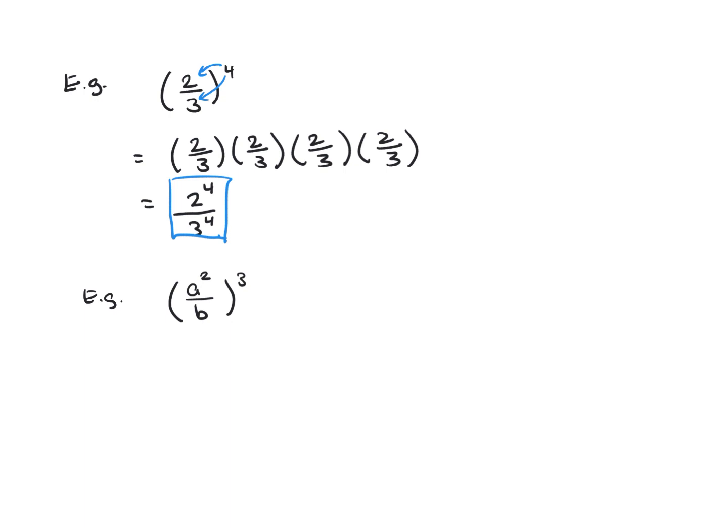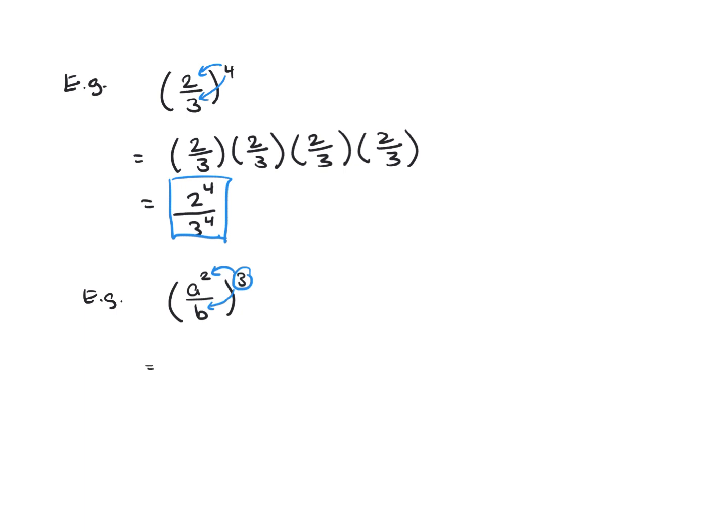To do something like this, this is a power of a power. So this exponent of 3, I need to multiply that with the 2 for the new power of a in the numerator. And I need to multiply it by 1, because that's just b to the 1 in the denominator there, to get the new power of the denominator.